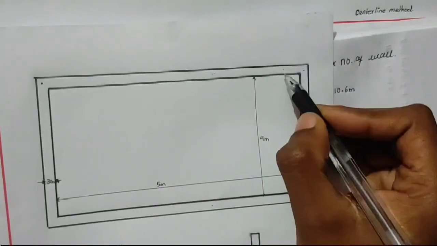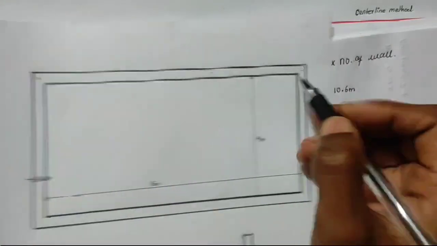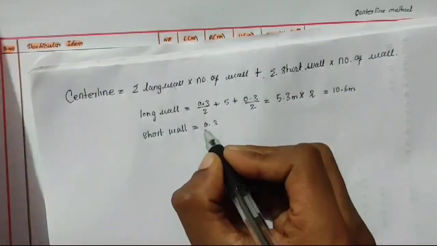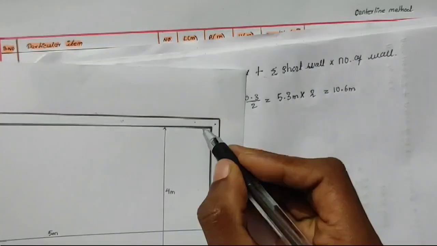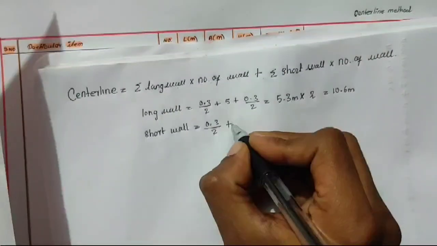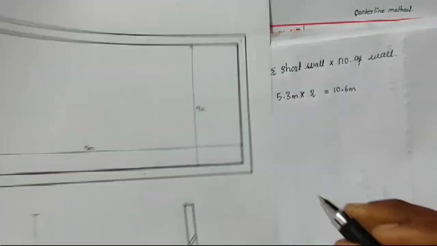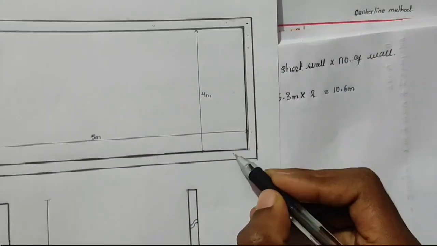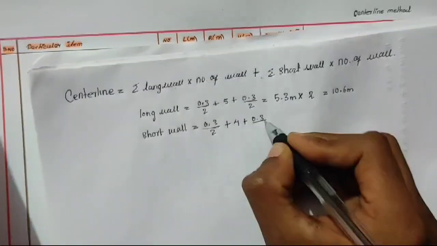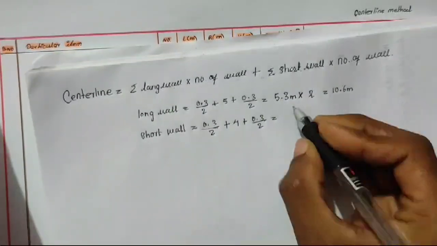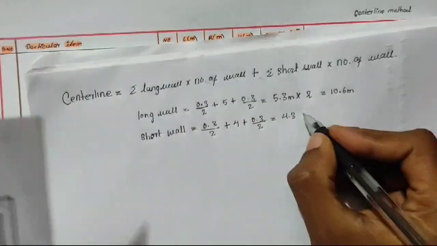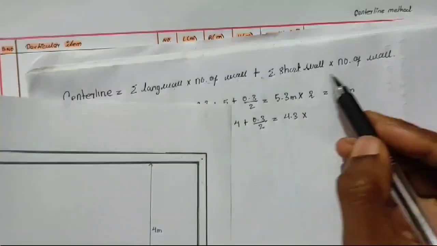Similarly we will calculate for the short wall. We need to take the center, the distance divided by 2 for wall thickness. So wall thickness is 0.3 by 2. From here till here the distance is 4 meter, so 4 plus again we need to take center of this wall. So 0.3 meter divided by 2, so it's coming 4.3, and into number of walls as the formula suggests.